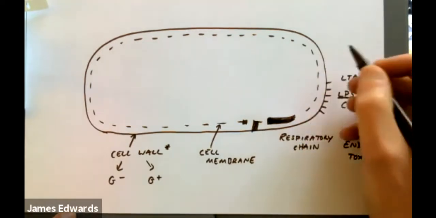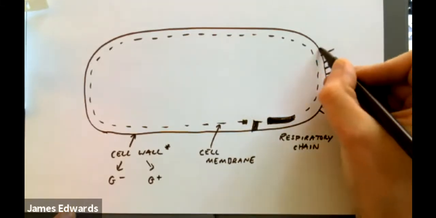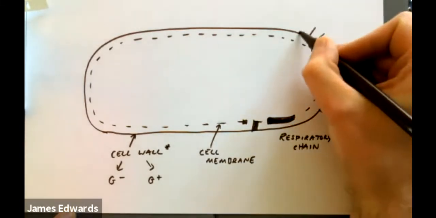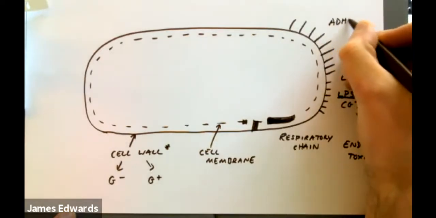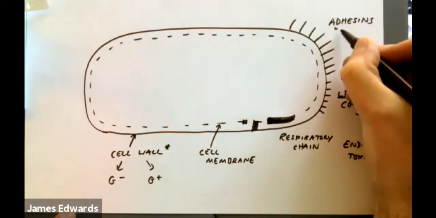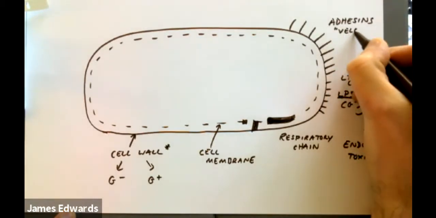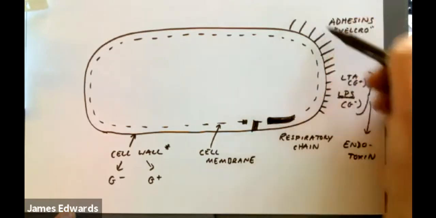What else are you going to have? On the outside, you'll probably have other structures, maybe a bit bigger. And these are adhesive molecules, adhesive proteins, which are just generally called adhesins. Imagine this is a little bit like Velcro, which allows the bacteria to attach to particular cell types.